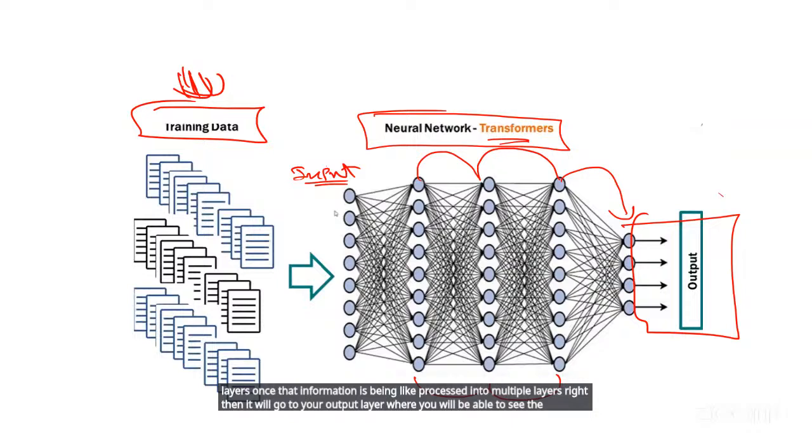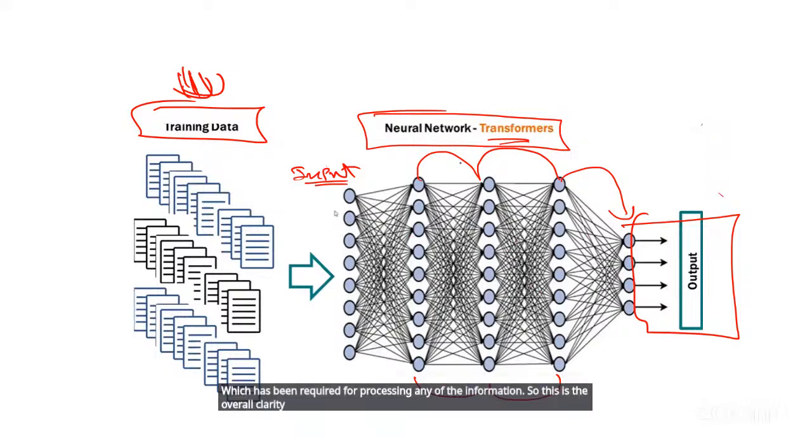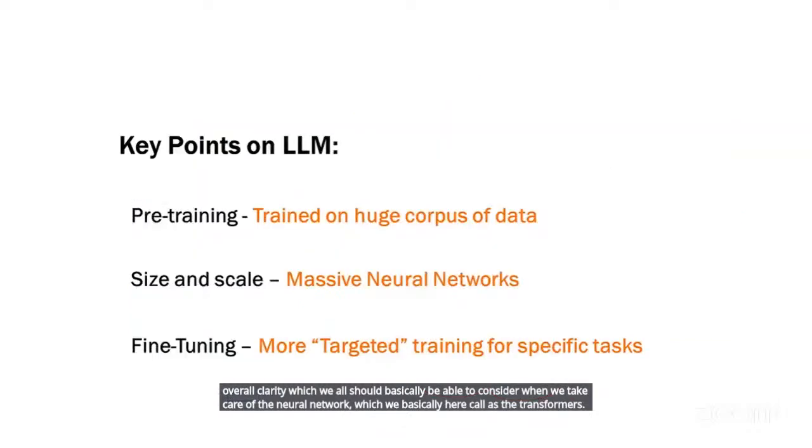And as I mentioned to all of you, the more the layers, the better the quality and accuracy compared to fewer layers used for processing the information. This is the overall clarity we should have about the neural network which we call the transformers. Okay, then what next?